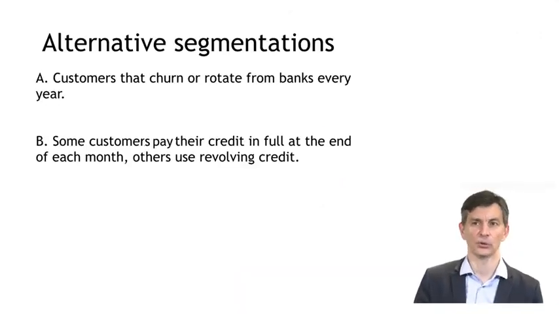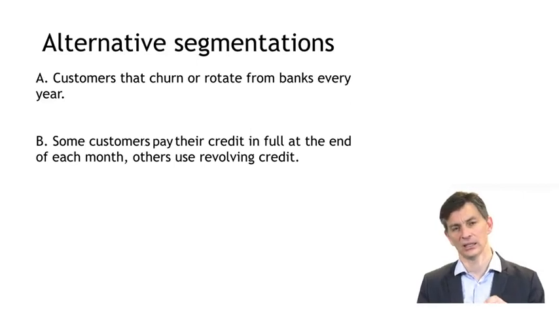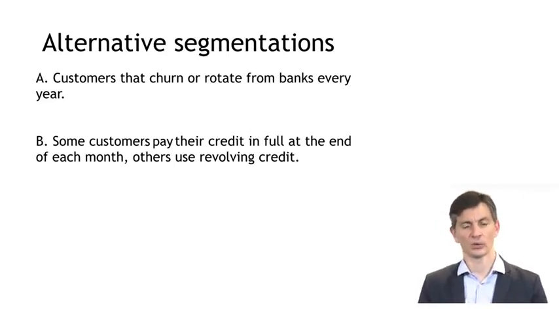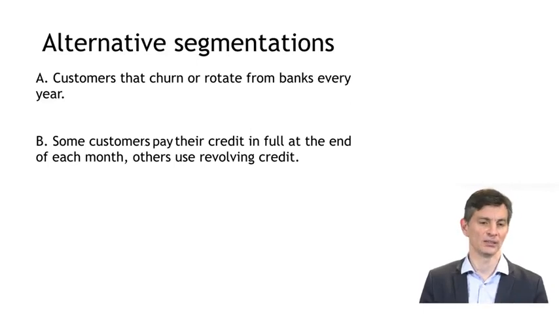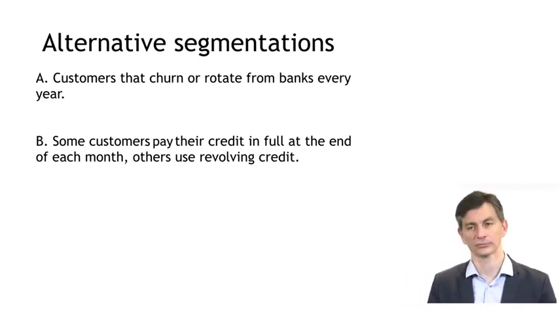Alternatively, as I've stated before, we can think that some customers pay their credit cards in full at the end of the month, and there is a higher proportion of the high segments and the more wealthy segments in these groups, whereas other customers actually do use revolving credit, and these are mainly found in the basic segments and the lower income segments of the population.